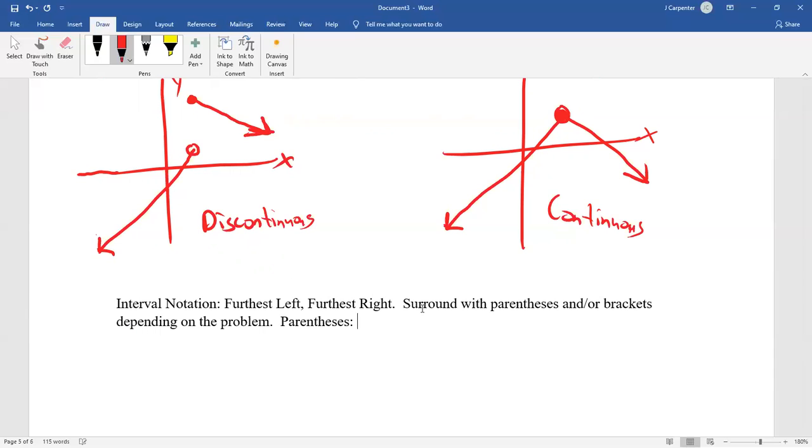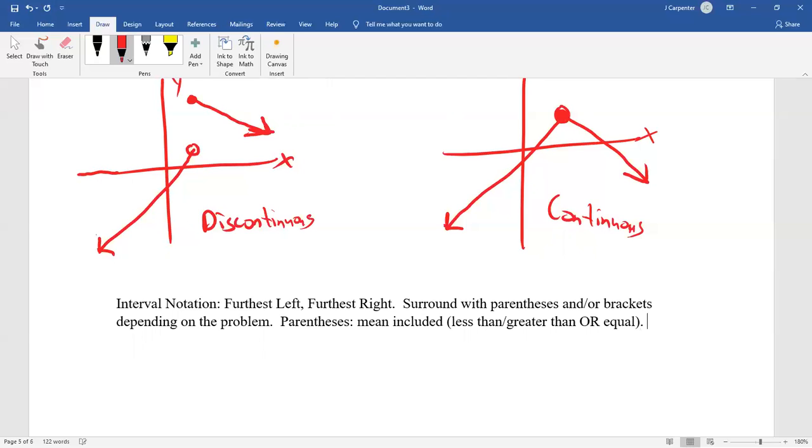Parentheses mean included, which is a less than, greater than, or equal. It has the or equal part of it.